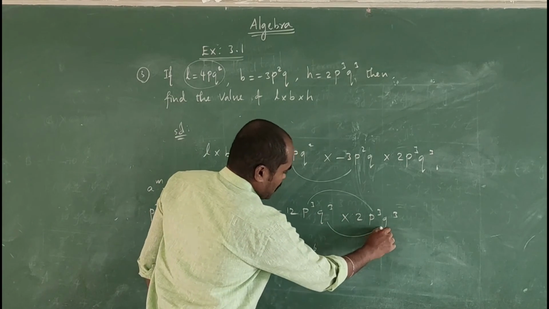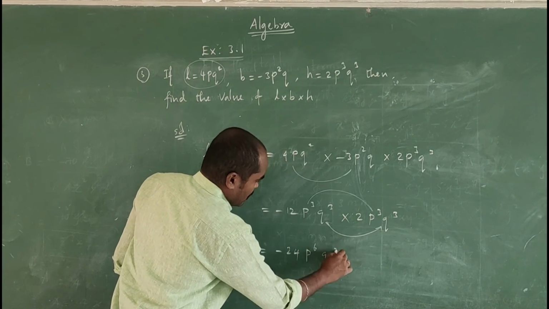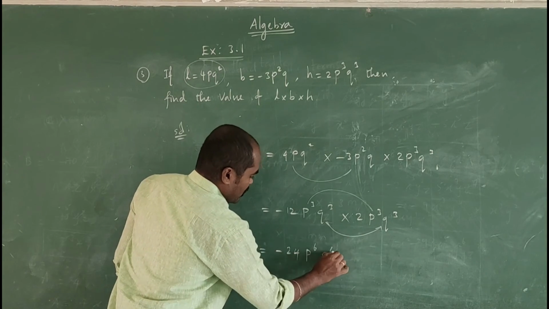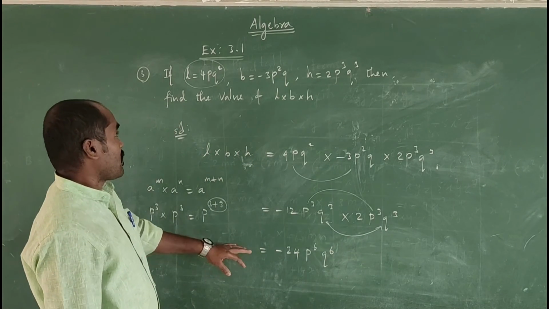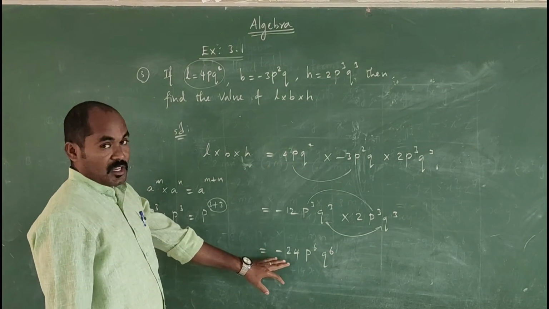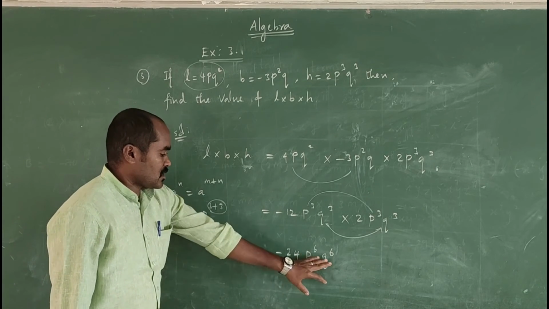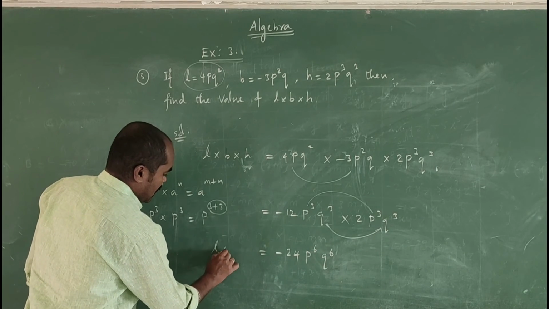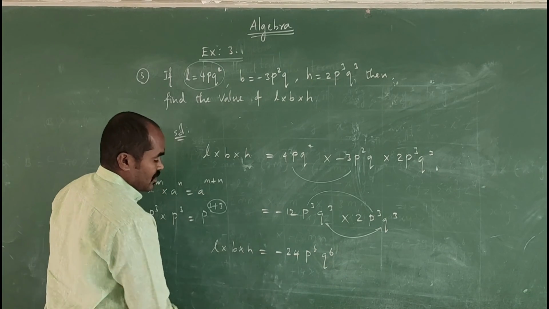Also q power 3 into q power 3 is q power 6. So our final answer is minus 24 p power 6 q power 6. So this is L into B into H.